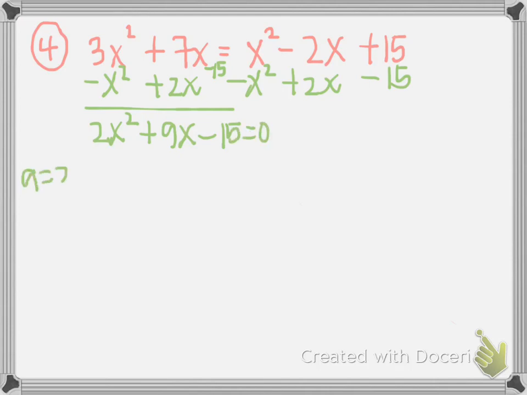So my A is 2, my B is 9, and my C is a negative 15.